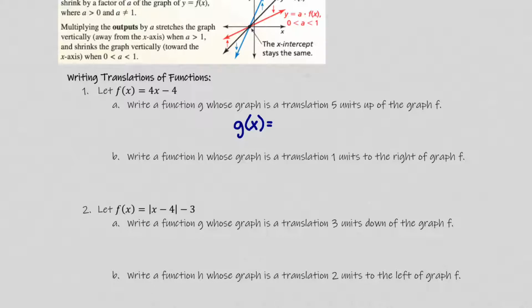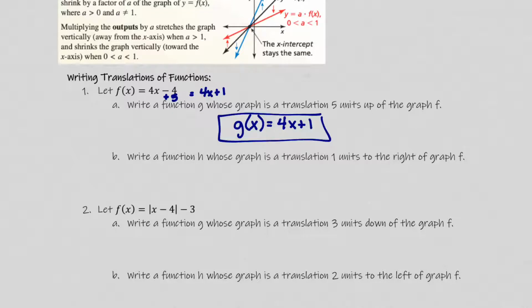We want to translate 5 units up. So remember, up and down is just adding numbers onto the end. So if I want to go up 5, that means a positive 5, and I'm going to add that to the minus 4, and so I end up getting 4x plus 1. So my function looks like that.